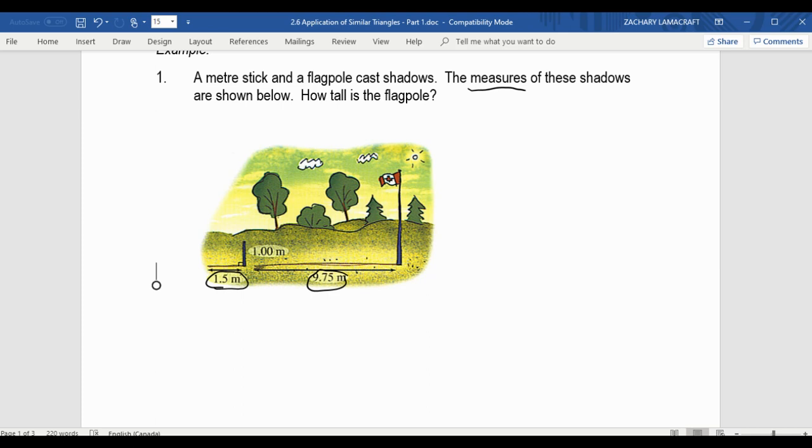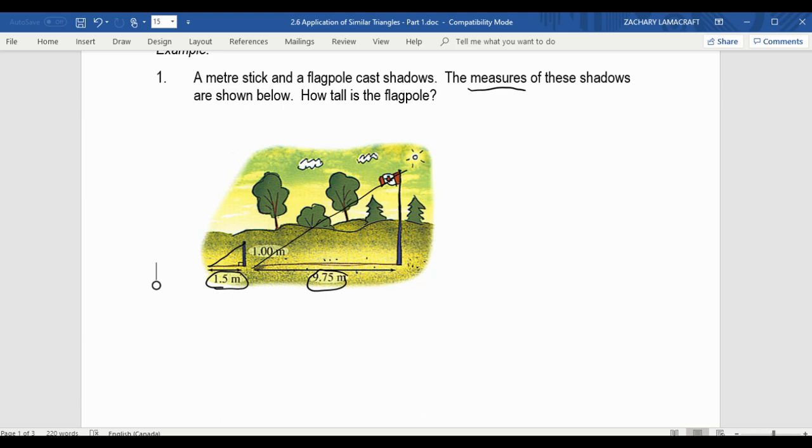And it says, how tall is the flagpole? Basically, we can use triangles, right? These are just basically triangles if we want to think about it. Or we can just think, well, the ratio of shadow to object is 1.5 to 1. Or if I set it up, it would be 1.5 over 1, or it could be 1 over 1.5, regardless of what it is.